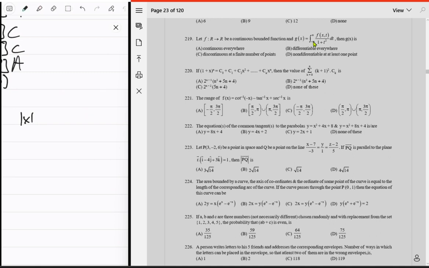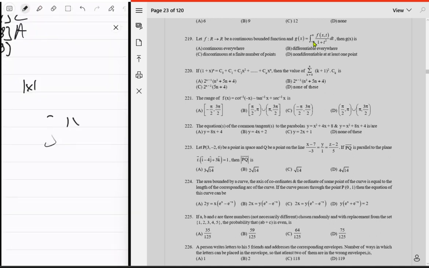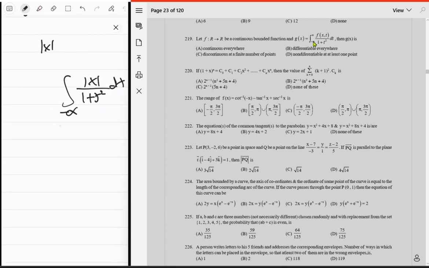For example, if f is mod of x, it becomes the integration of 1 plus t squared dt, whatever it is, then it just becomes some constant because the whole integral is a constant, and on top of it we have this function which is now only in x, right? So g dash of x is like c f dash of x.